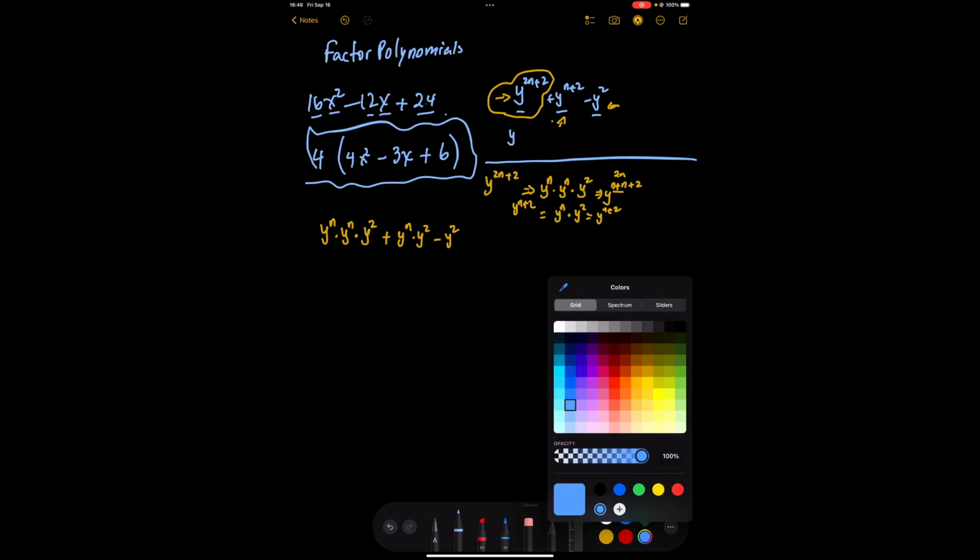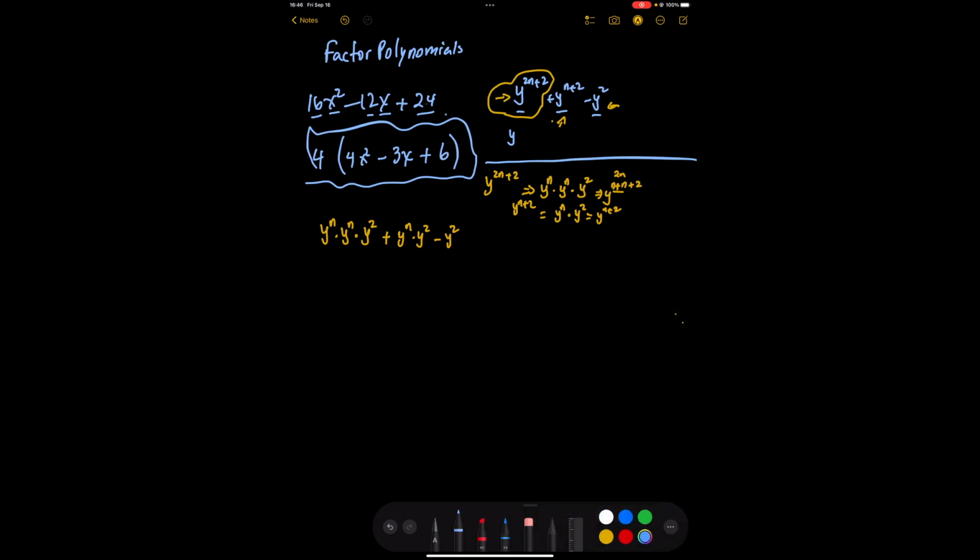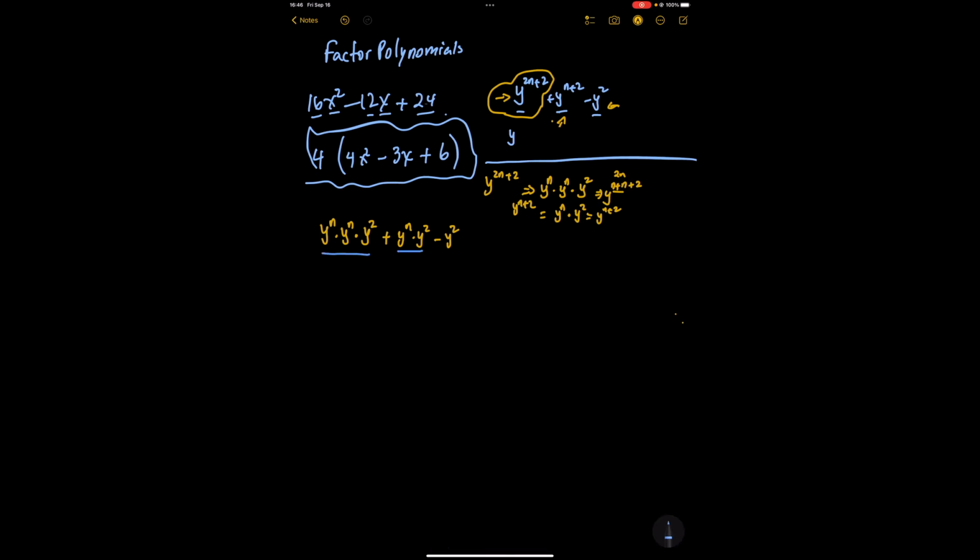Here's the thing. What do they all have now in common? Well, we can see they already have, like we see right here, they got y already. But now we can see that they have y squared in all of them.